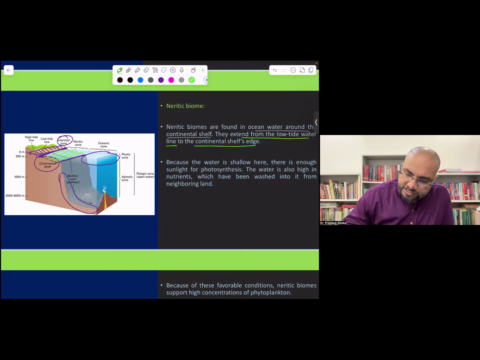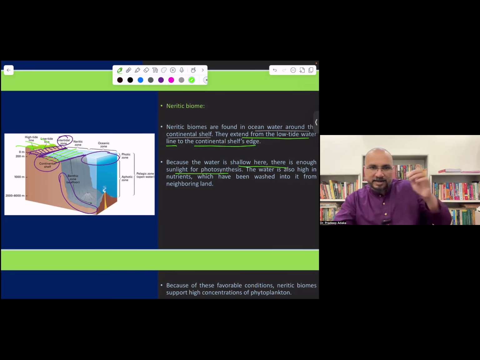Because the water is shallow here, sunlight can penetrate. Enough sunlight will be there for photosynthesis. Water is also high in nutrients because sediments bring a lot of nutrients from the land. As the river meets the ocean, it brings a lot of sediments and nutrients. So the amount of nitrogen and phosphorus is also more here.